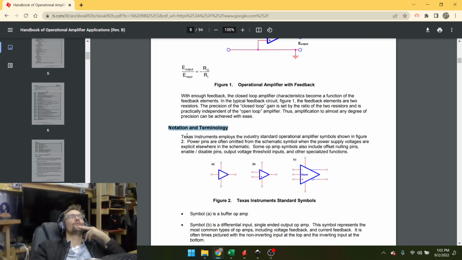Notation and terminology. Texas Instruments employs the industry standard operational amplifier symbols shown in figure 2. Some op-amp symbols also include offset null pins, enable/disable pins, output voltage threshold inputs, and other specialized functions.